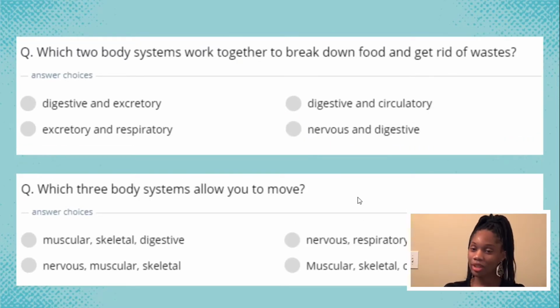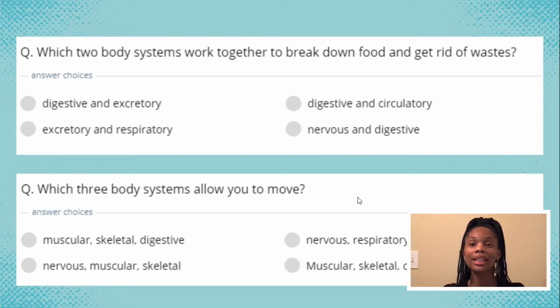All right, question number 3. Which two body systems work together to break down food and get rid of waste? Is it the digestive and excretory systems, excretory and respiratory systems, digestive and circulatory systems, or the nervous and digestive systems?